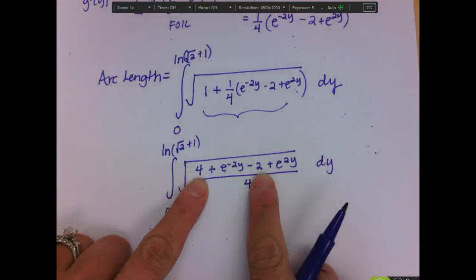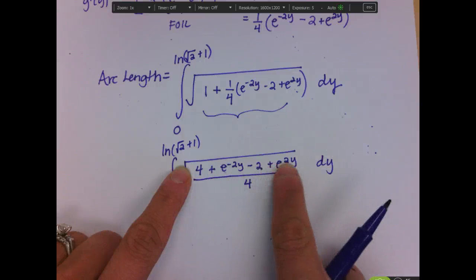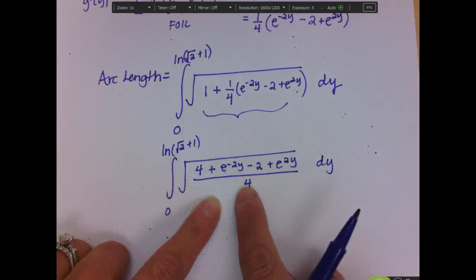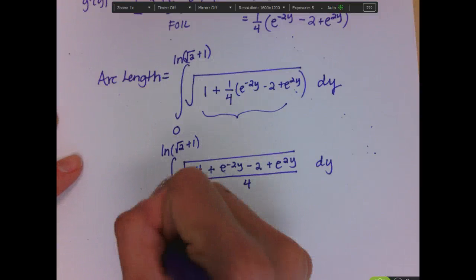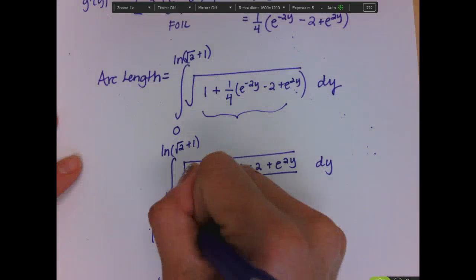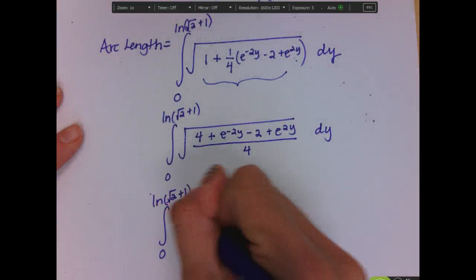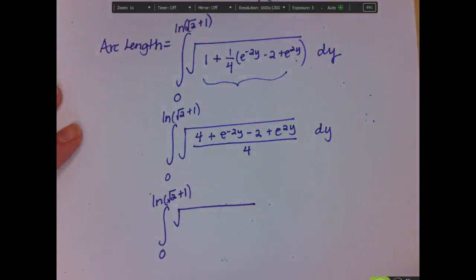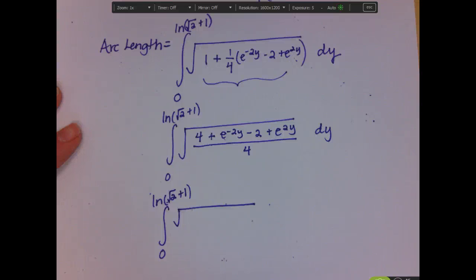Notice here that I've got two constants that can be combined. Also, I'm square rooting the top and the bottom, and the bottom is a perfect square, so I'm going to pull that out. My numerator is still square rooted at this point, but remember 4 and negative 2 can combine.